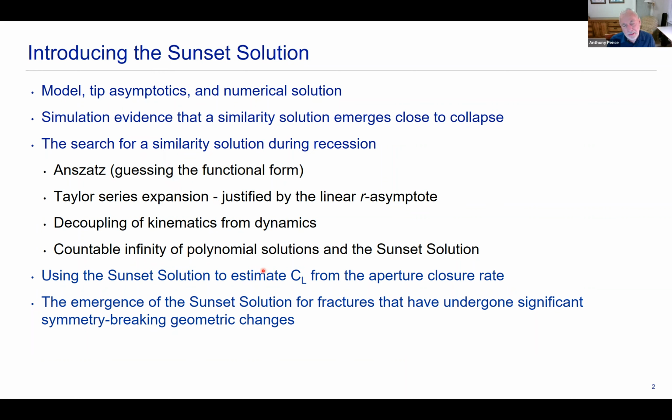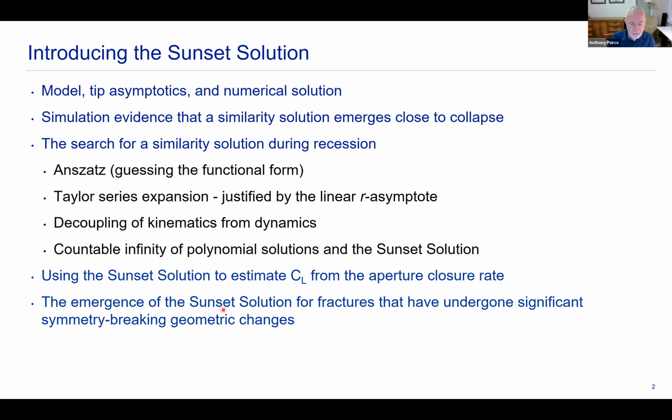What came as a surprise is that the functional form of the sunset solution is actually very simple. Something that came out of the review process was that we figured this solution could be useful to try and estimate the Likov coefficient.